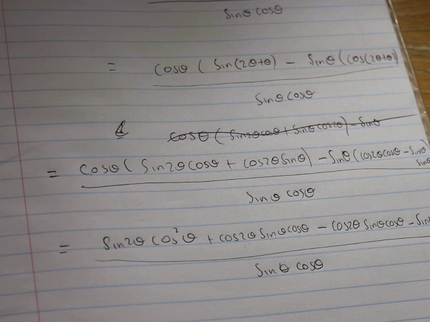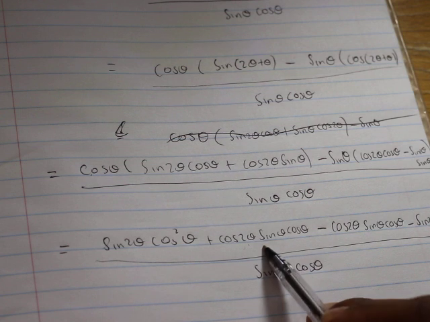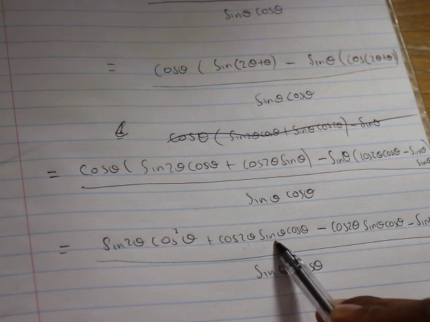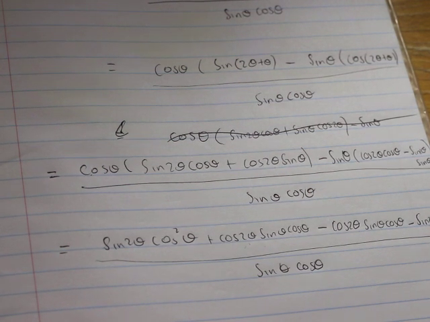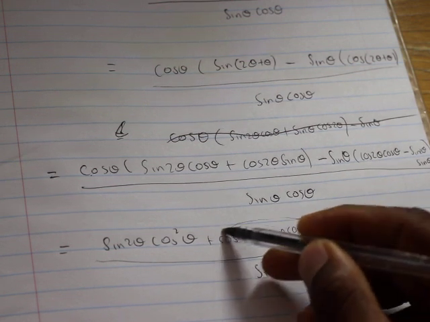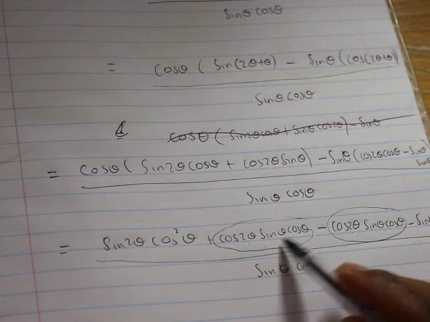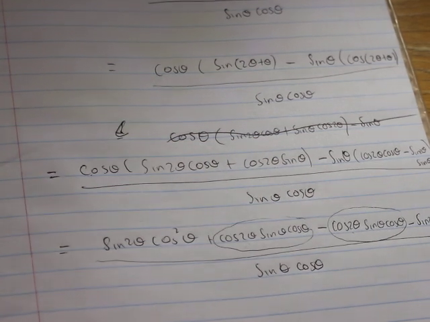But by the look of things, there isn't a complete common factor. But let's check. Cos 2 theta sine theta cos theta. Can you see? The two are exactly the same, so we can cancel them out.